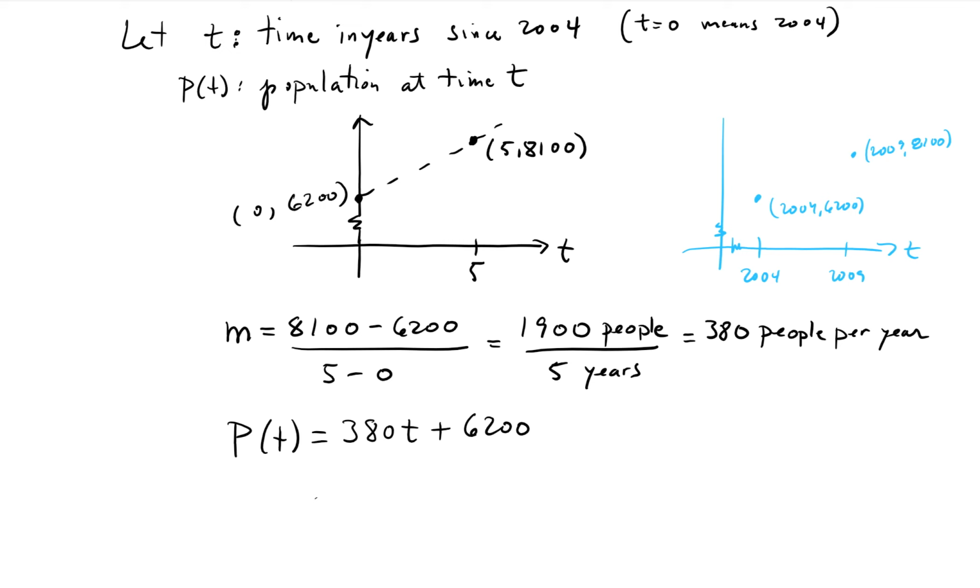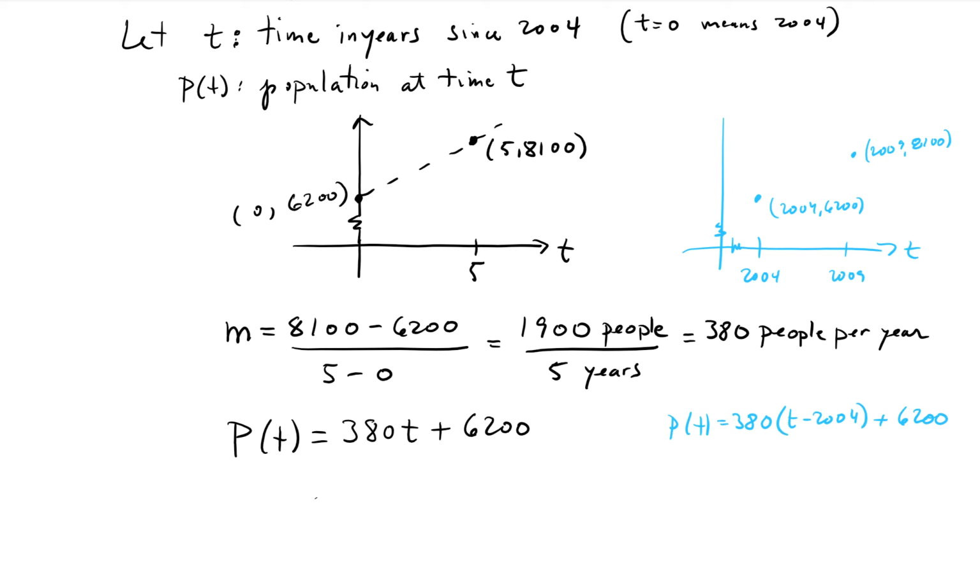And here you probably would have used the point-slope form to get the equation of your line. So 380, and then you choose a point, let's say you use the first point: 380 times (t minus 2004) plus 6200. So that would have been the equation of your line, or you can also use the other point.